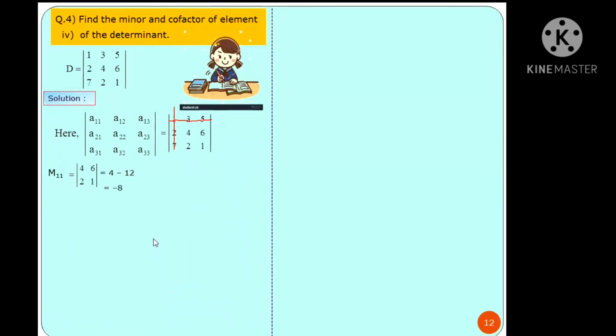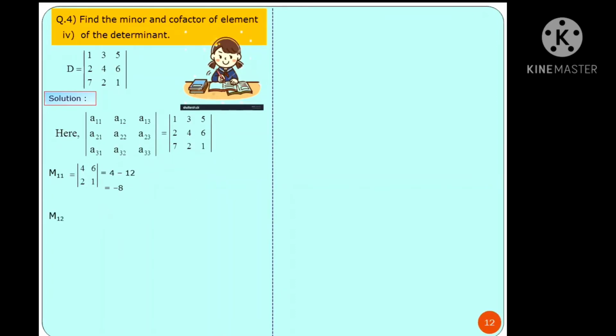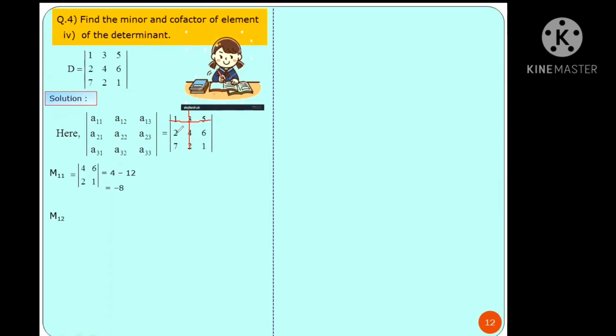Second value for minor, that is M12. It is obtained by eliminating the first row and second column. Check here, remaining entries are 2, 6, 7 and 1.